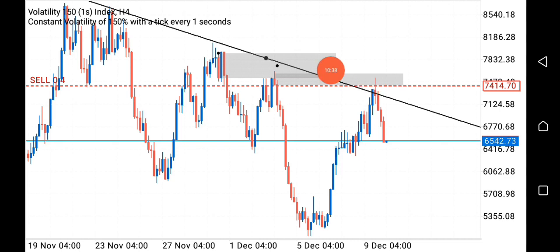You're already expecting the market to go down once it taps into this trend line. So the market gave us this high, low, higher high. This high took out this previous high, then came down and took out the previous low. Therefore you have a higher high and a lower low.